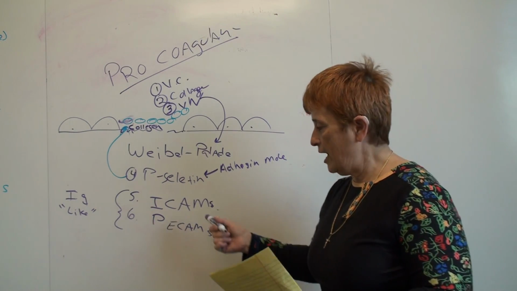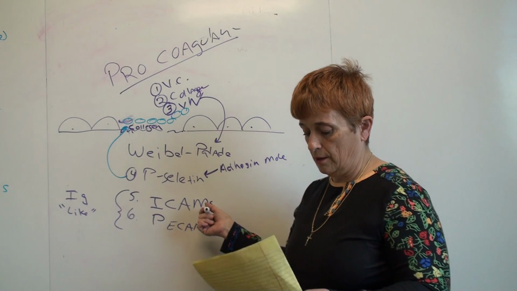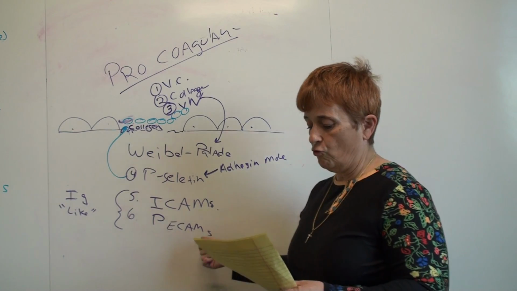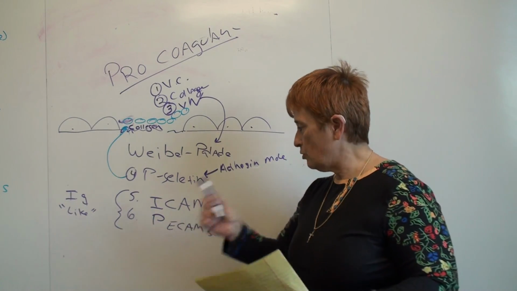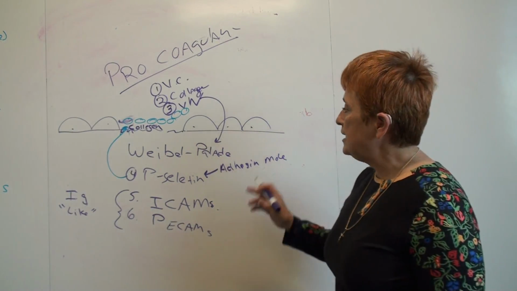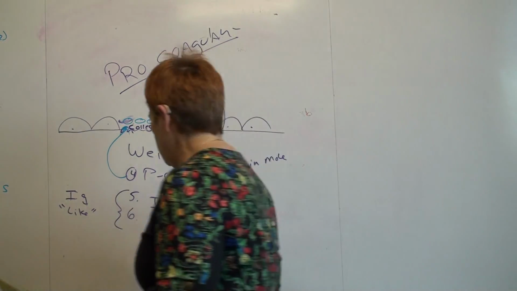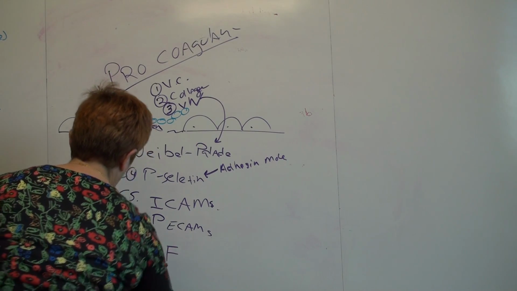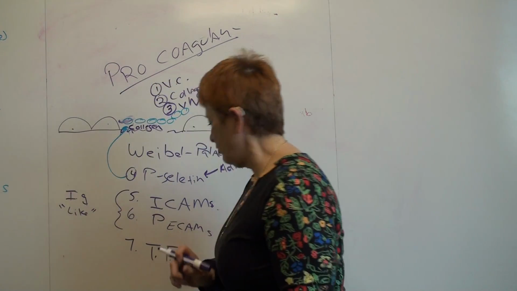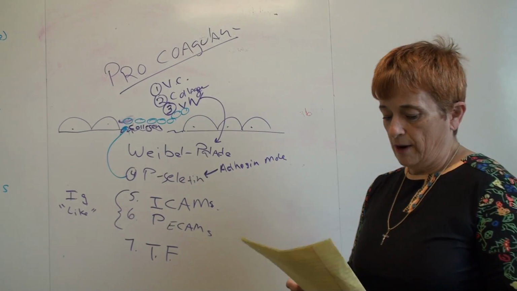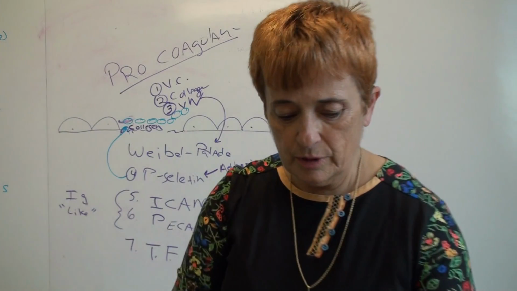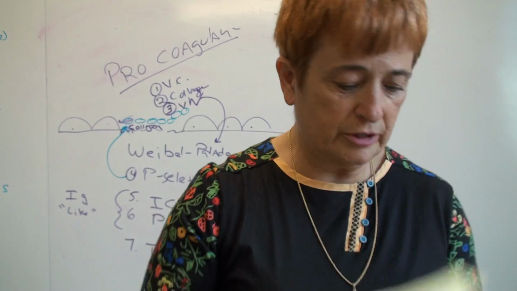So the ICAMs are just adhesion molecules, and the PECAMs are for platelet endothelial cells. And then the seventh factor that it has is tissue factor, which I've mentioned before. So I've got my tissue factor being exposed.